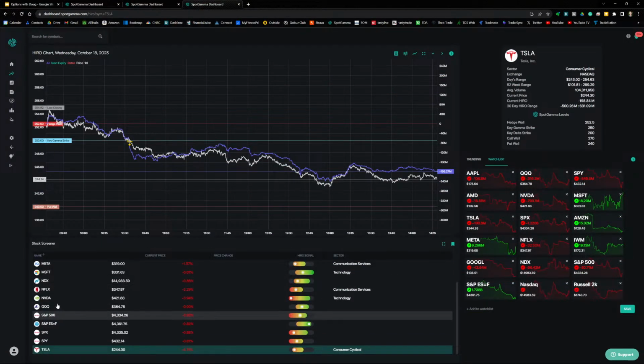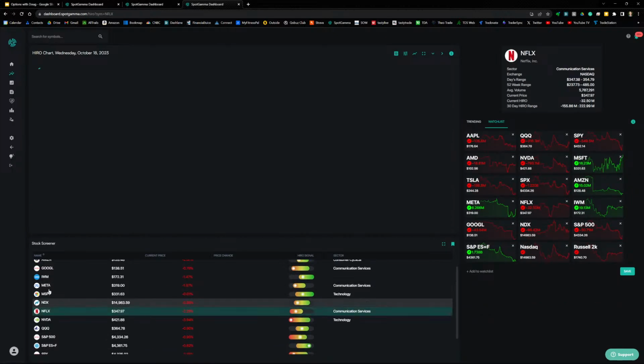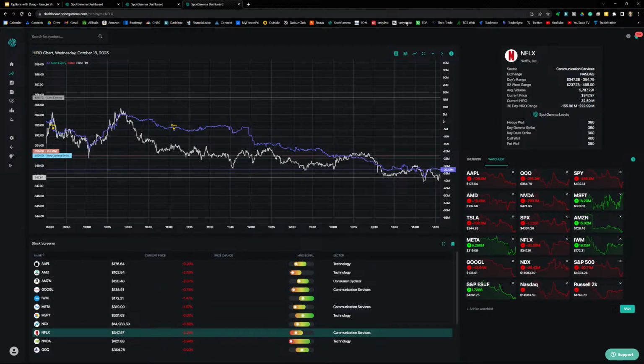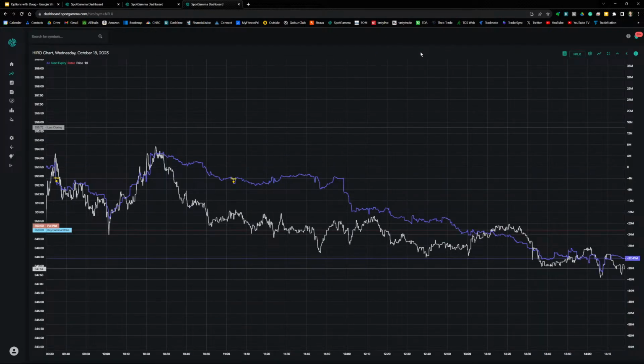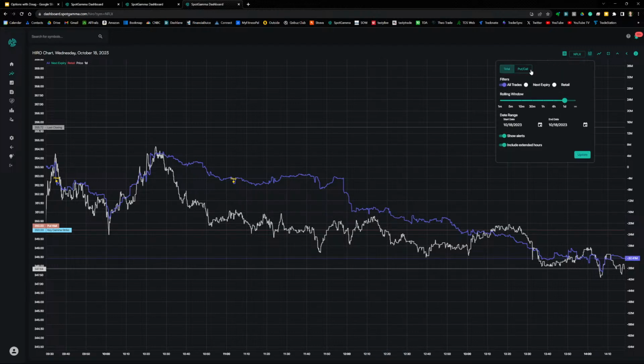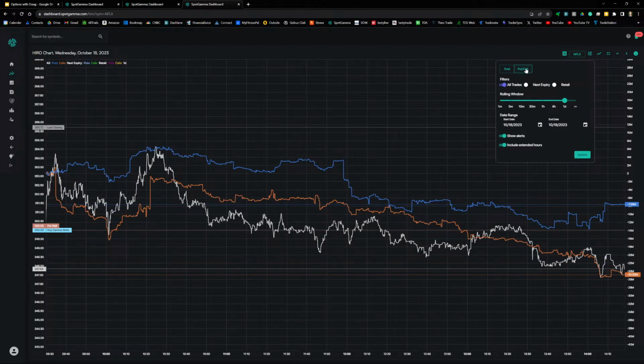I do not have Netflix in Bookmap, but we can take a look here in Hero. And the options trades and hedging flow are also bearish for the day in Netflix. So traders are selling calls and buying puts.